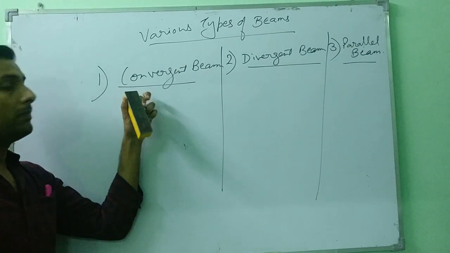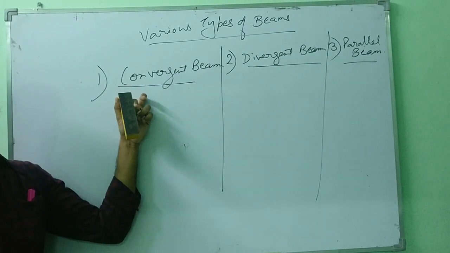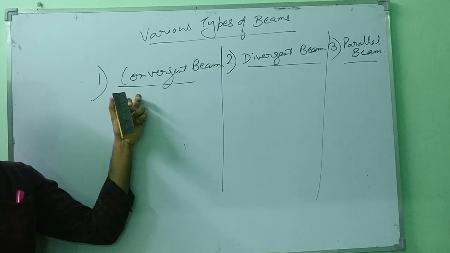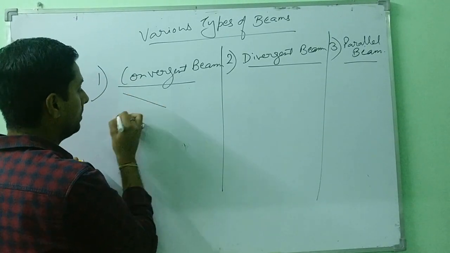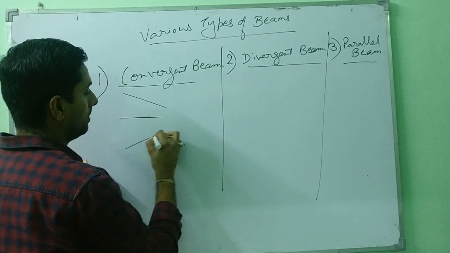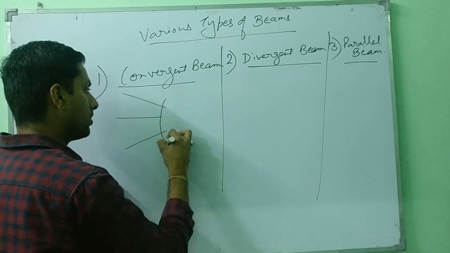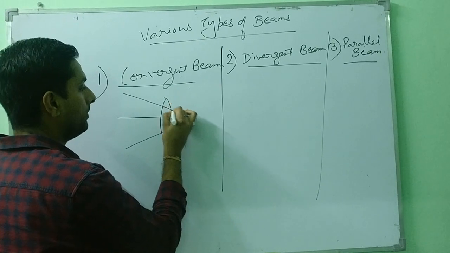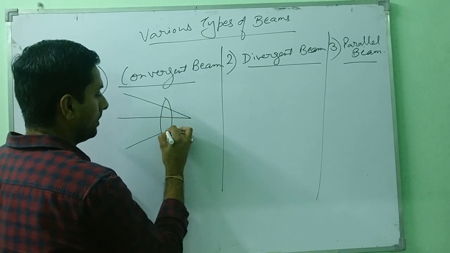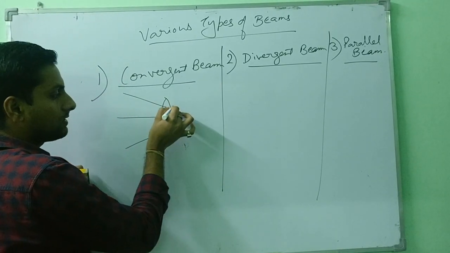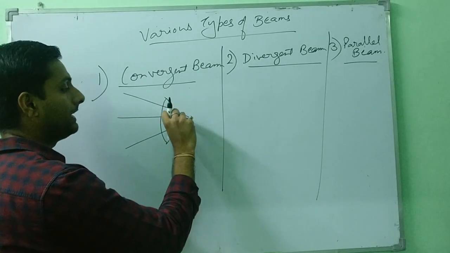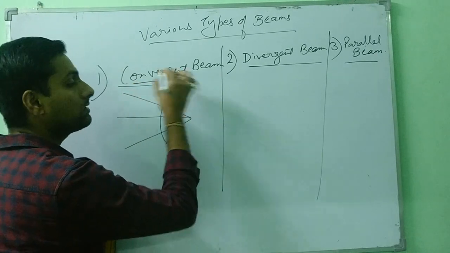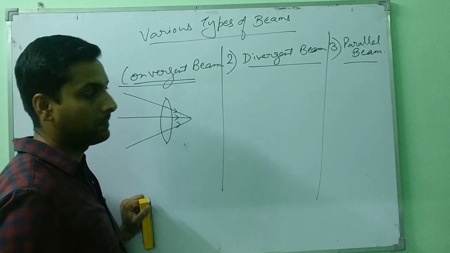First of all, we will look at the convergent beam. What do you mean by the term convergent beam? Whenever all the rays, after crossing a particular medium, their area starts to decrease, then when there is a decrease in area, it is called a convergent beam.